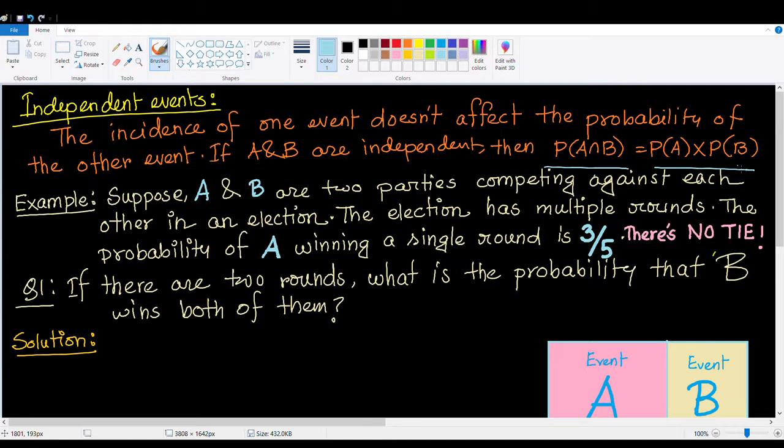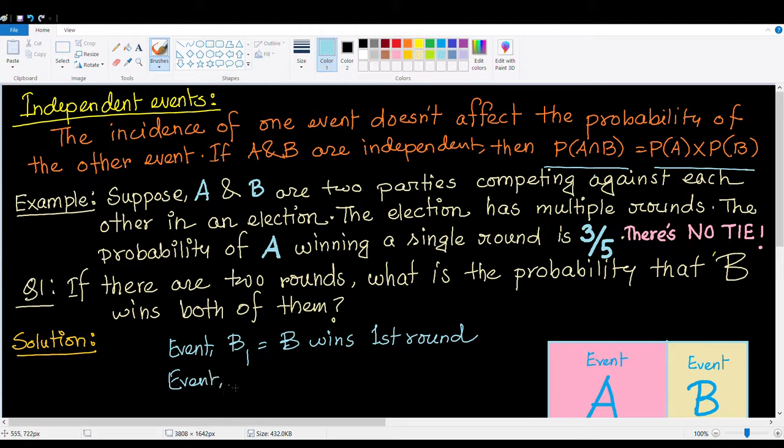So this is a question. Now, to solve this problem, the first thing we have to do is to define the events properly. So let's say event B1 is the event of B winning the first round. There are 2 rounds, so B wins the first round, and that is called the event B1.